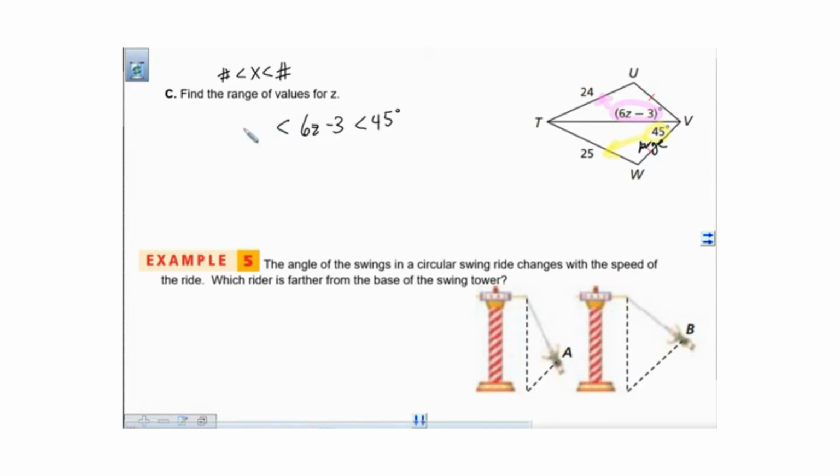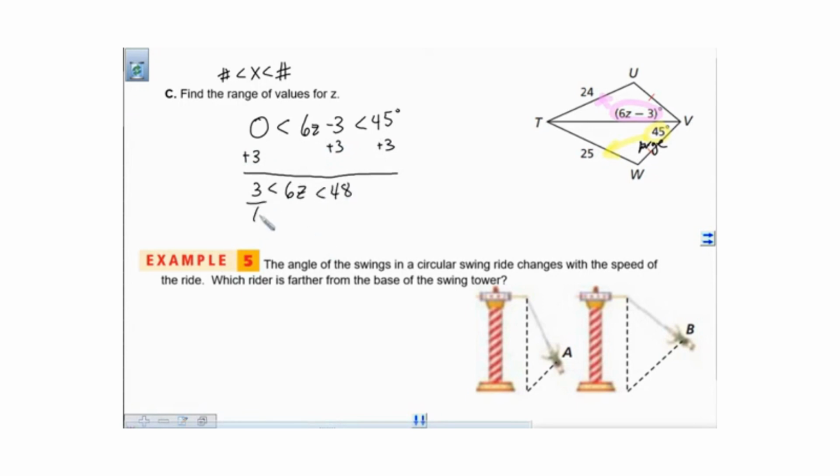Every time, the left-hand side is going to be 0, because in order to be a side or an angle, it has to be greater than 0. Then we're going to solve like we would any other problem. We're going to add 3 to all of the different parts. So 3 is less than 6z, which is less than 48.